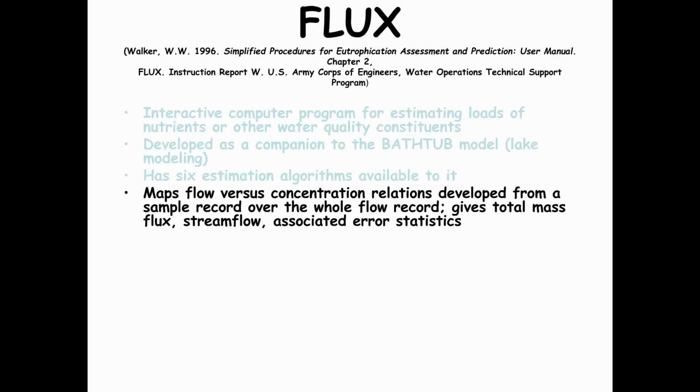So you have a relationship, for instance, between discharge and TSS that is based on sample values, and then you use that relationship with a continuous flow record to come up with estimates of the total flux of sediment or whatever the pollutant is coming out of the watershed over an annual period of time. And the nice thing about FLUX is that it gives you estimates of the errors in the estimation.